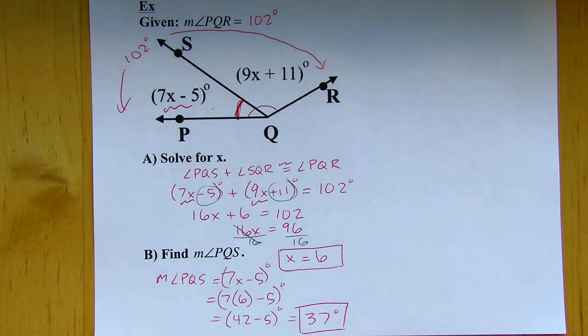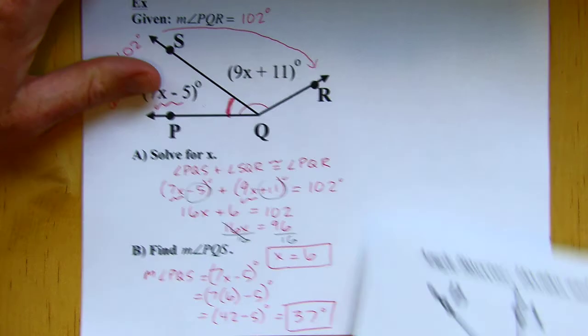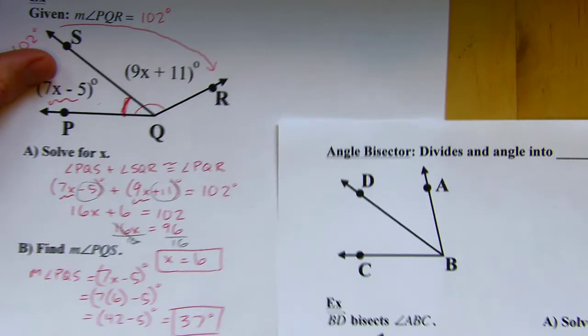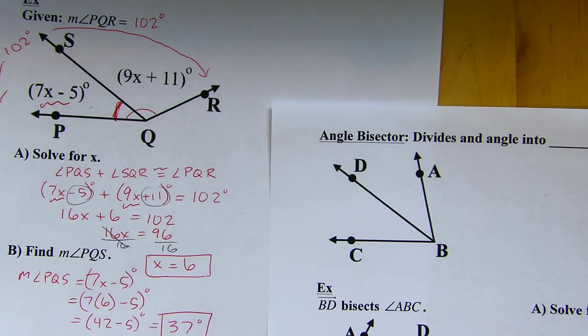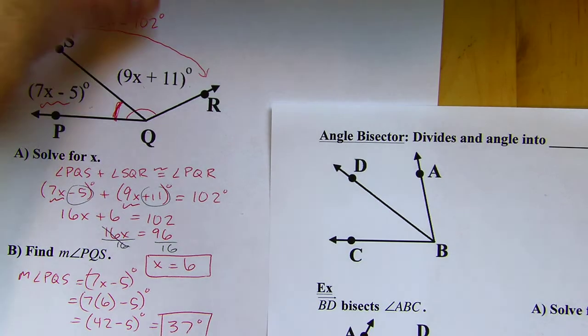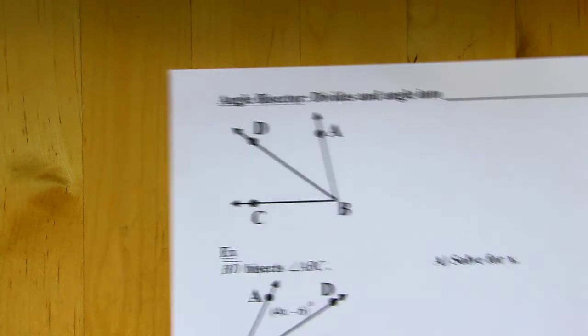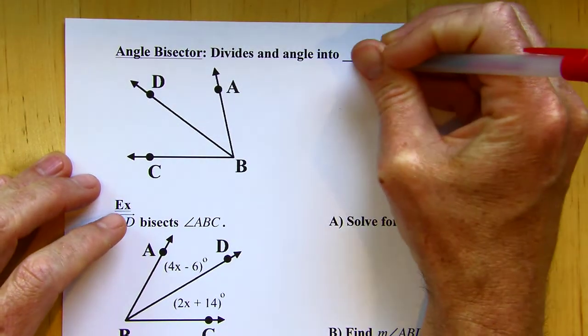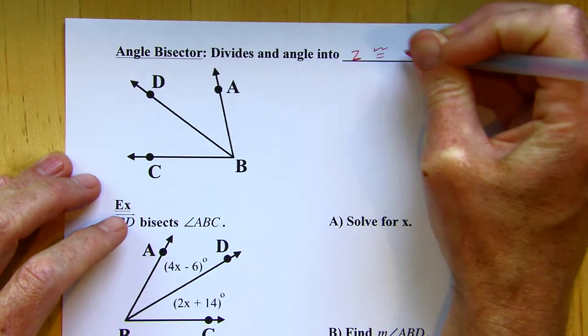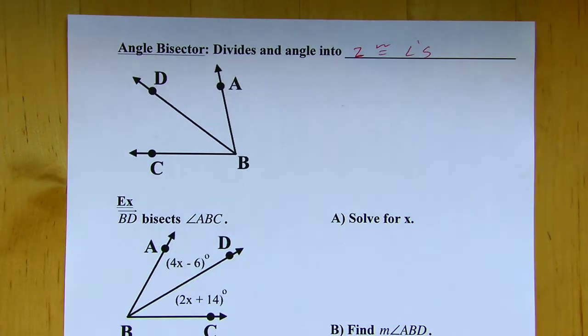Okay. All right. Next up, we're going to look at an angle bisector. An angle bisector divides an angle into two congruent angles. I'm just going to use the symbols there.